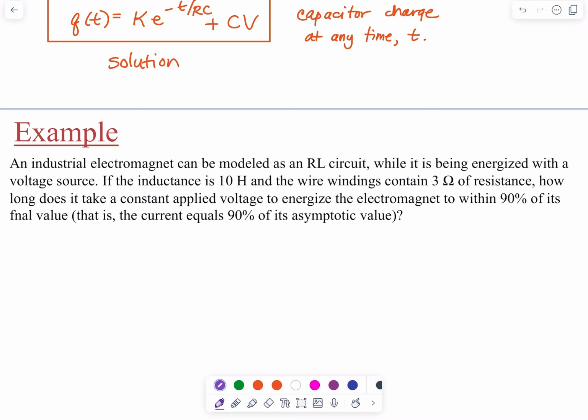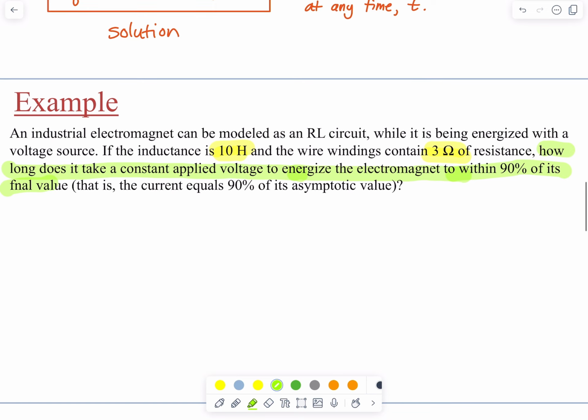If the inductance is 10 henries, and the wire windings contain 3 ohms of resistance, how long does it take a constant applied voltage to energize the electromagnet to within 90% of its final value? And of course, what we're looking for is when the current equals 90% of its asymptotic value.